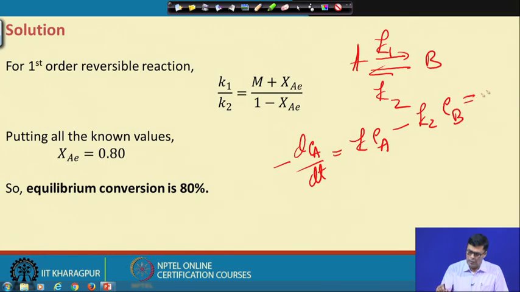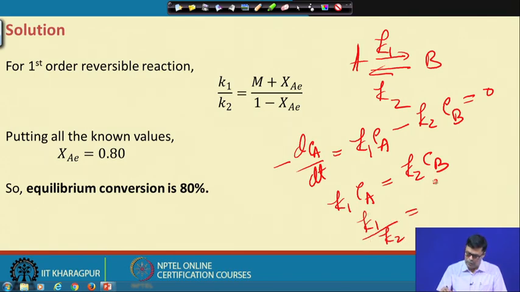Now, under equilibrium conditions, this should be equal to 0. So I can write K1 into Ca equal to K2 into Cb. So K1 by K2 equal to Cb by Ca. This is equal to a constant, the equilibrium constant. Am I right?